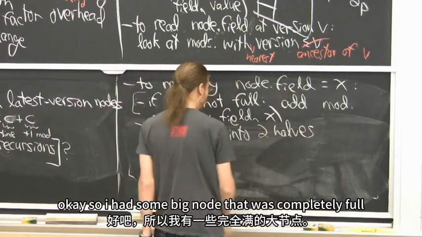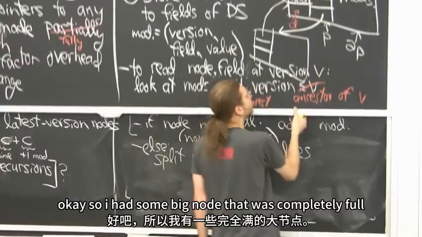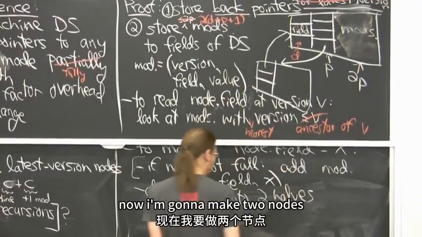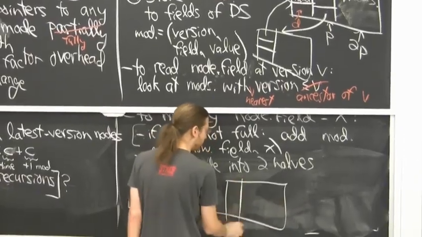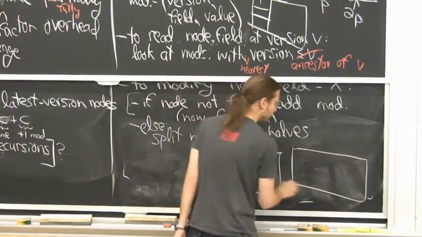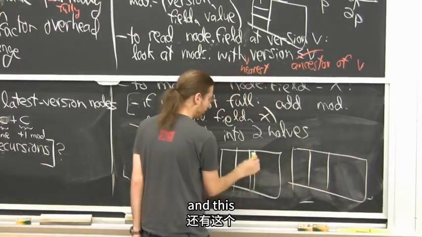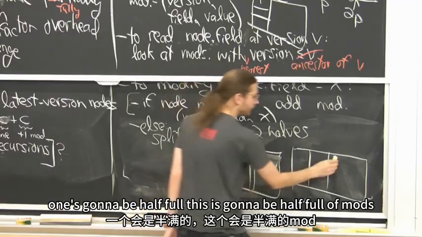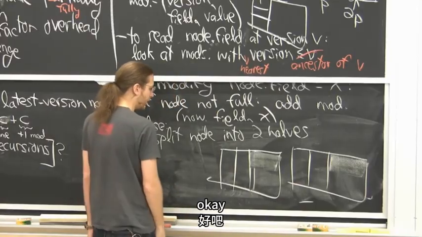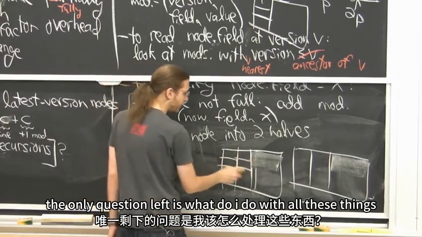Okay, so I had some big node that was completely full. Now I'm going to make 2 nodes. And this one's going to be half full, this one's going to be half full of mods. Okay, the only question left is what do I do with all these things?